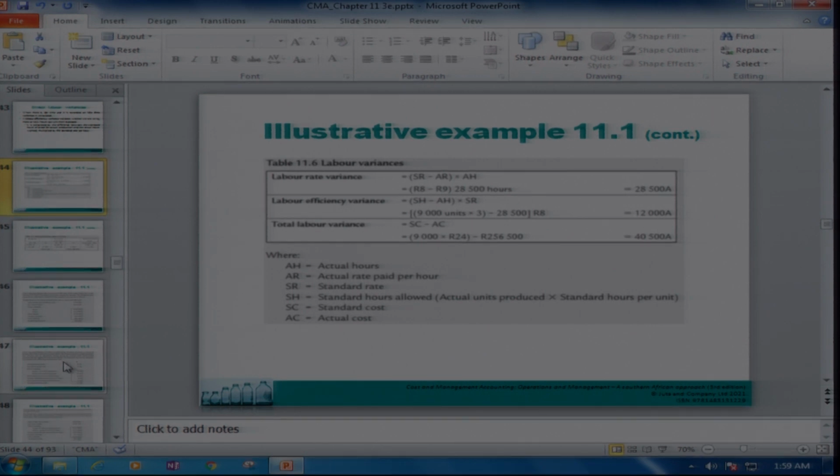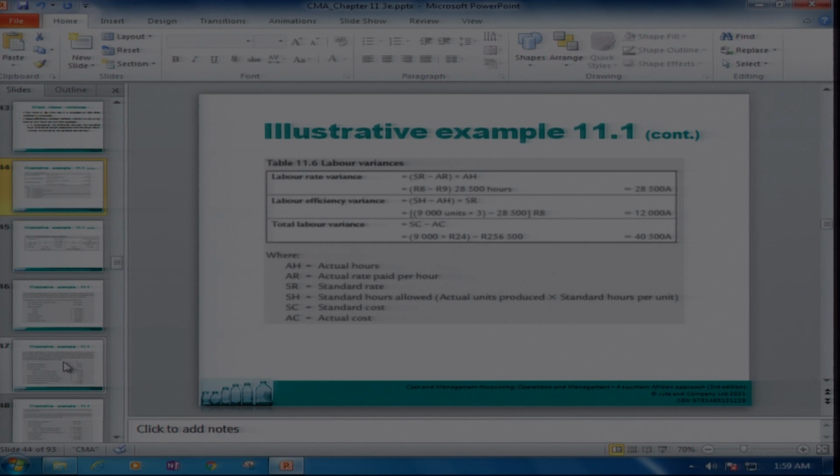The AH will be the actual hours or the actual time that the employees were productive at work. So from illustrative example 11.1, the employees worked a total of 28,500 hours. So then you can say 8 rand standard rate minus the 9 rand actual rate multiplied by the 28,500 hours, and that will give you a variance of 28,500, which is unfavorable or adverse.